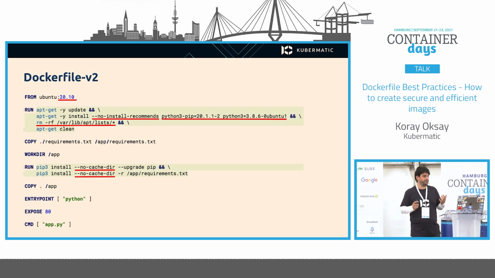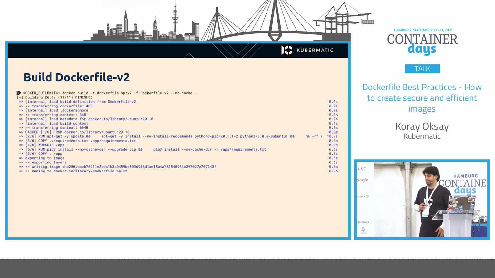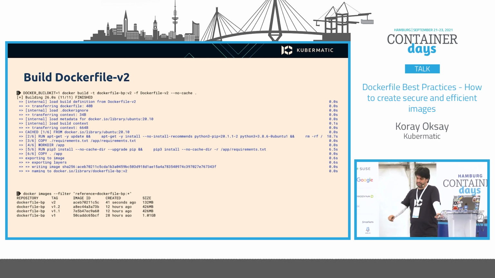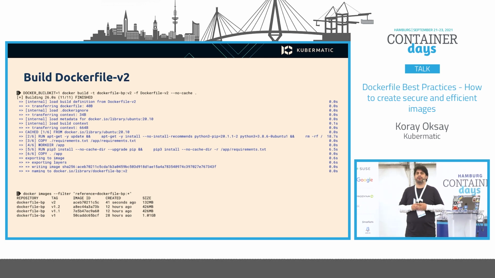So I have a new Dockerfile, and if I now build this one, it is now 26 seconds. It is even faster. And if you look at the image sizes, I started with version 1 at 1 gigabyte. Versions 1.1 and 1.2 are, one of them built with the current build engine, and the other with BuildKit, so same size, but the second one was faster.